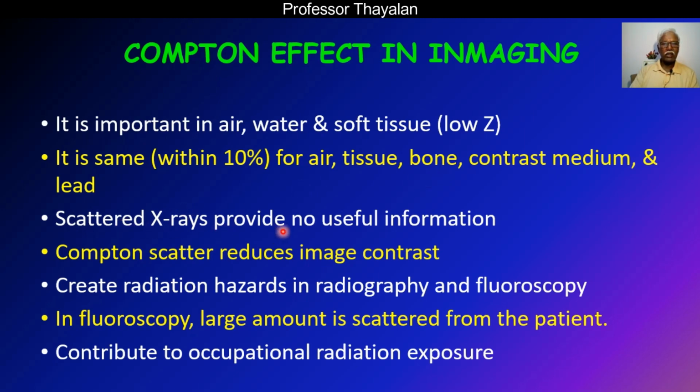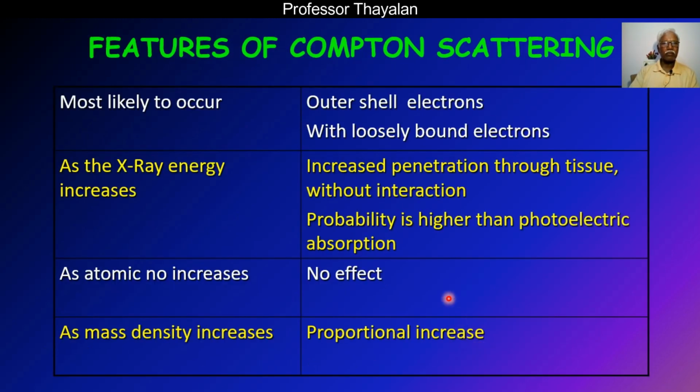The scattered X-rays provide no useful information. It reduces the image contrast, so it creates radiation hazards in radiography and fluoroscopy. In fluoroscopy, a large amount of scatter radiation comes from the patient because the staff are present during the imaging. It contributes to occupational radiation exposure.